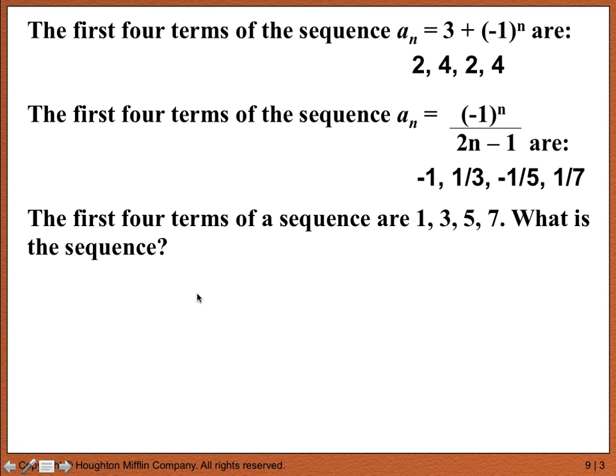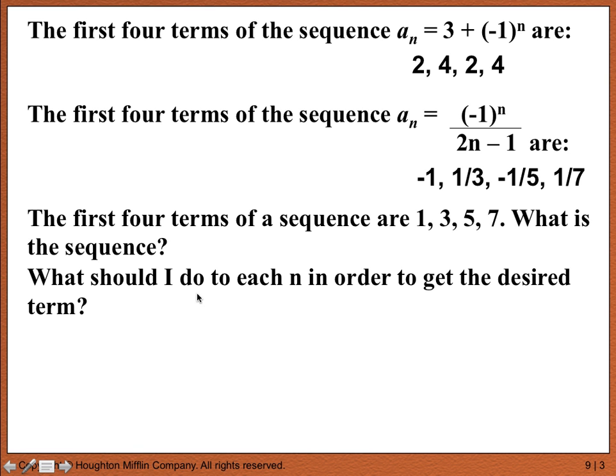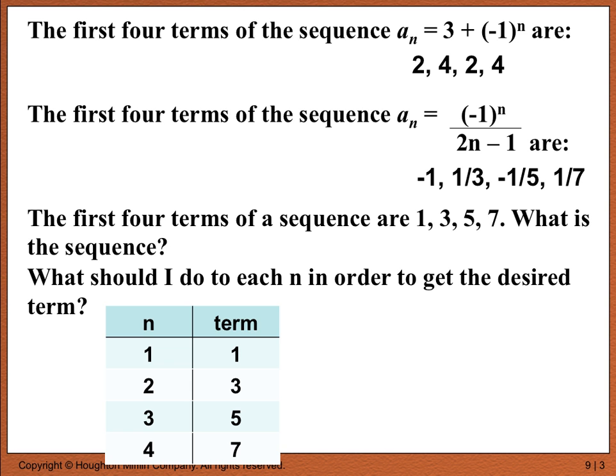What is the sequence? Well, let's start by asking ourselves a question. What should I do to each n in order to get the desired term? To illustrate that, let me show you this table. I know that my domain for this function is going to be integers, and when it's not otherwise specified, you can assume positive integers.